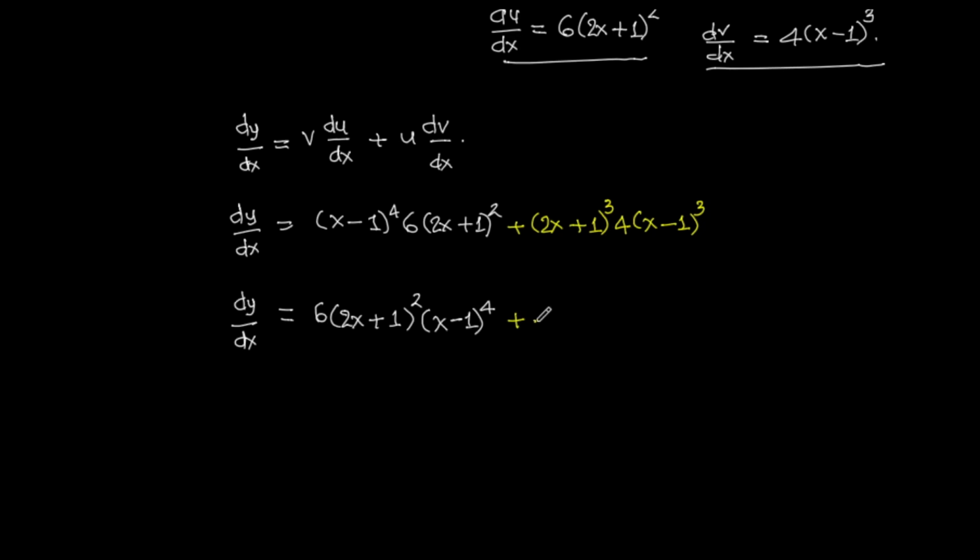Now here we bring 4 in front, and we have, so this one has the same power, so we can take any of them. So we have (2x plus 1) raised to power 3, and then we multiply everything by (x minus 1) also raised to power 3. And from here we can notice that there are some common factors here. 4 and 6 here have a common factor of 2.